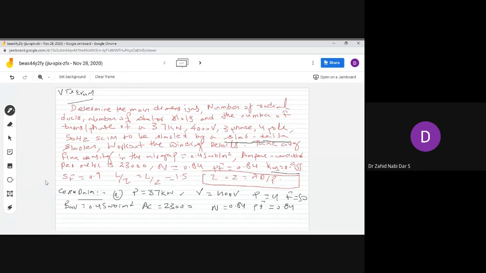Now what you have to find. See, now D you don't know. Main dimensions would mean D and L. Determine the main dimension, so this is D and L. Then you have to find the number of radial ducts and number of stator slots.